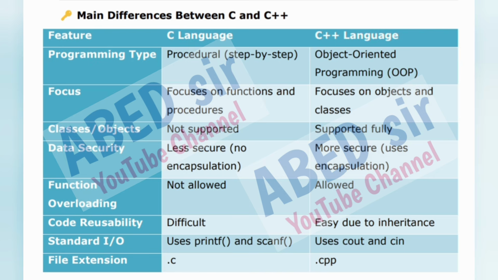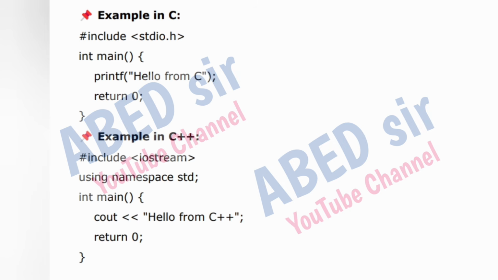Function overloading: not allowed in C. Code reusability: difficult in C, easy in C++ due to inheritance. Standard I/O: C uses printf and scanf, C++ uses cout and cin. File extension: .c and .cpp.